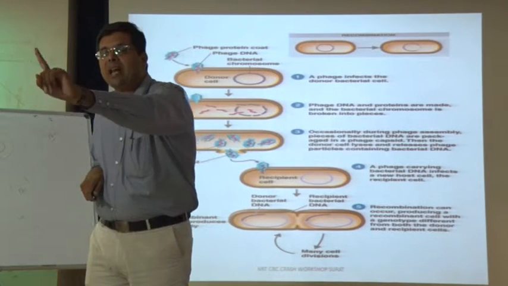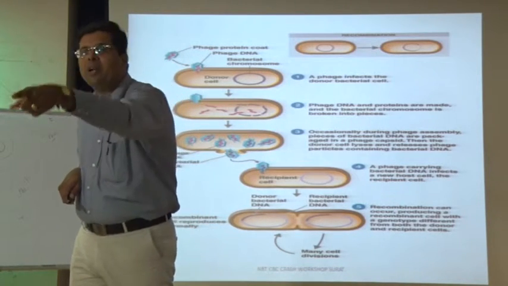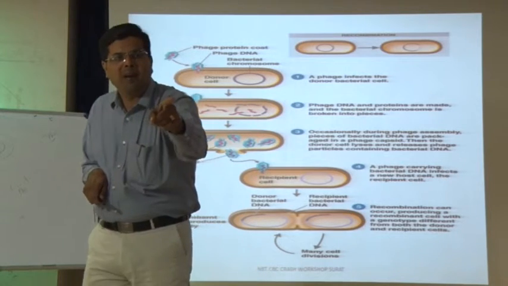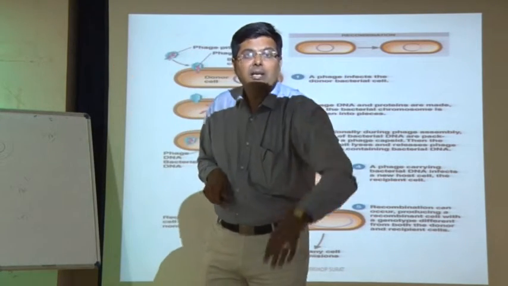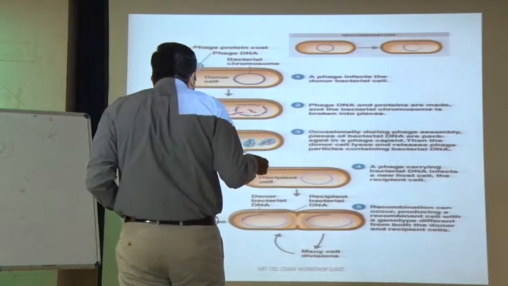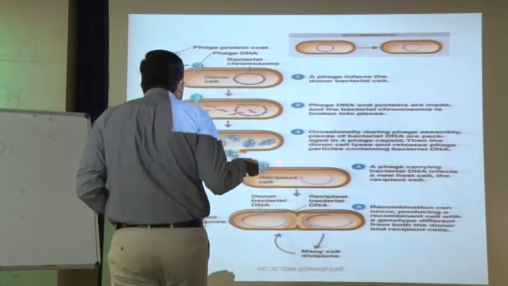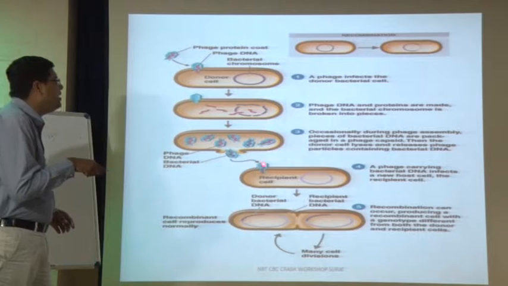All the transducing phage are the virulent phage, but all the virulent phage are not transducing phage. Transducing phage are only those bacteriophages which have packaged the chromosomal DNA fragment.